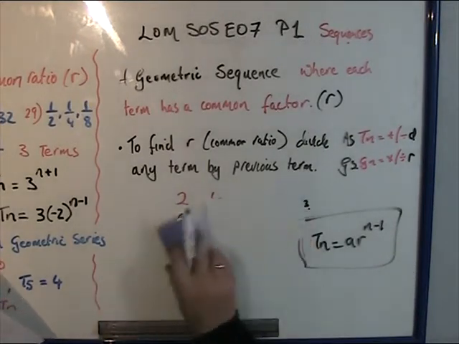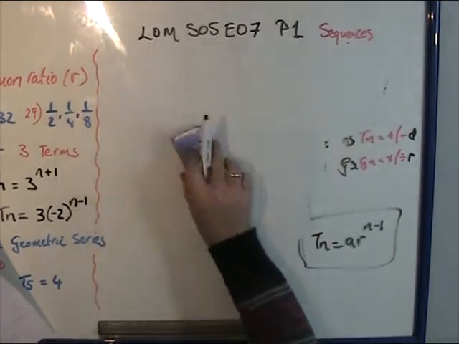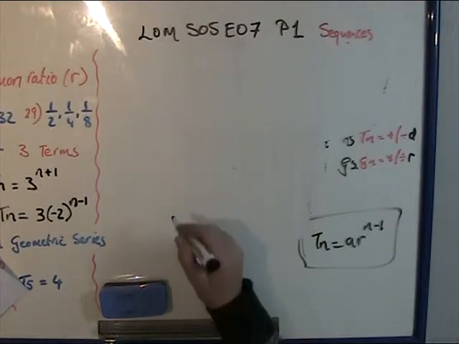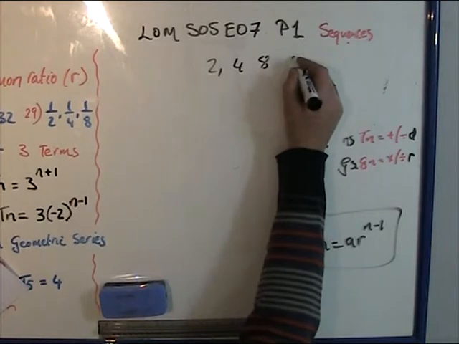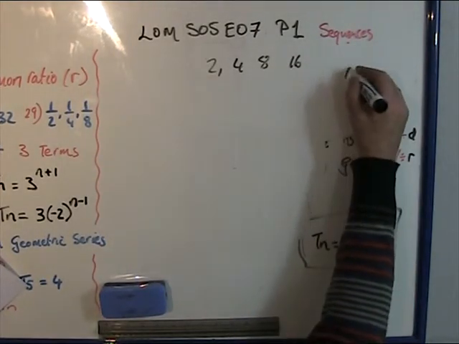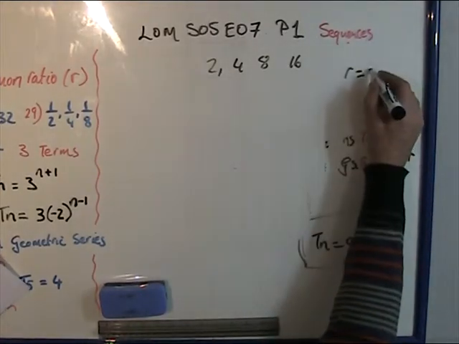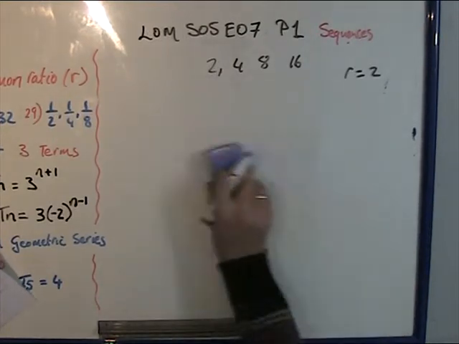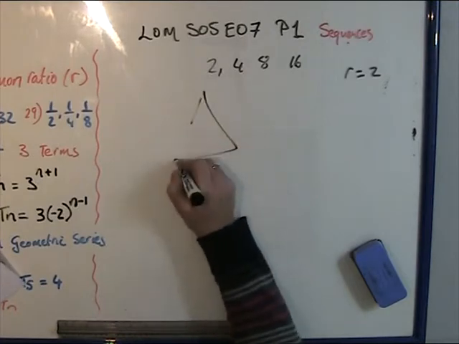So what you have to do is work on the formula. A question would be like that last question: 2, 4, 8, 16. We know that the common factor R is equal to 2, multiplied by 2. So we found out that it was equal to 2. Do you remember from the formula, one over the other? Now I'm going to draw this out here.